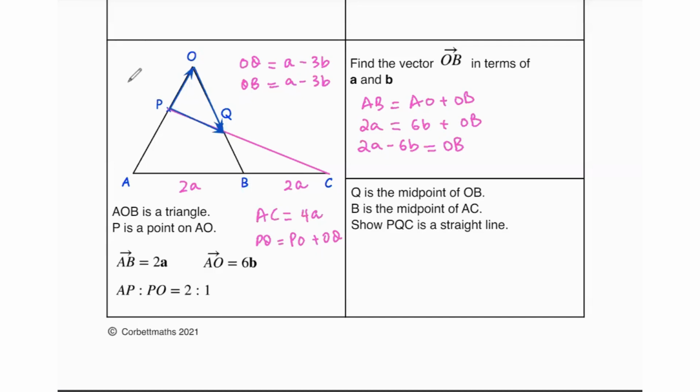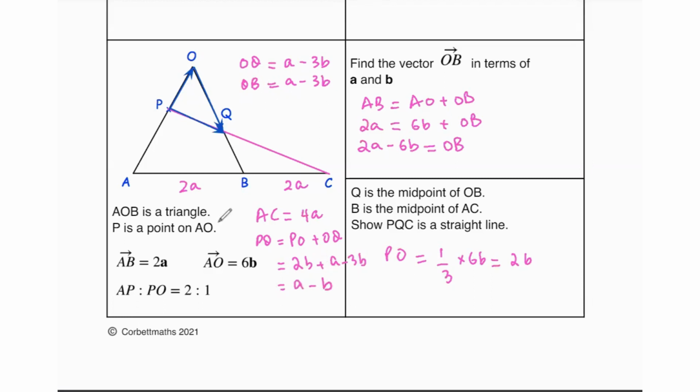So that means PO is going to be 1/3 of AO, which is 6B. So that's going to be 2B. So 2B plus OQ, which we found as A minus 3B. So 2B plus A minus 3B is going to be A minus B.